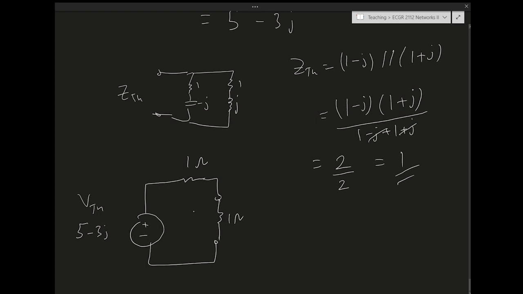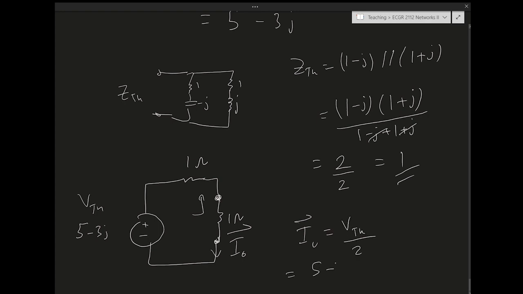Right, so remember we were finding the Thevenin equivalent circuit with respect to those two ports. So I put back the 1 ohm and then I have IO here. Here's where the 2 comes in. IO is going to just be V Thevenin over 2 ohms.